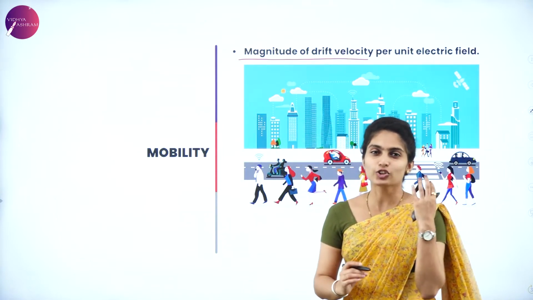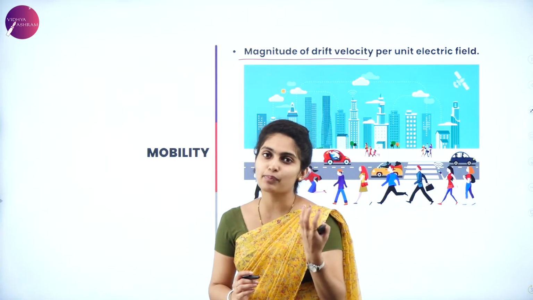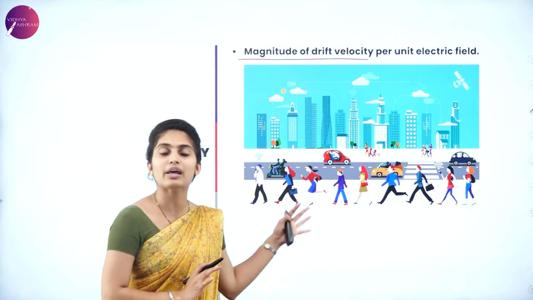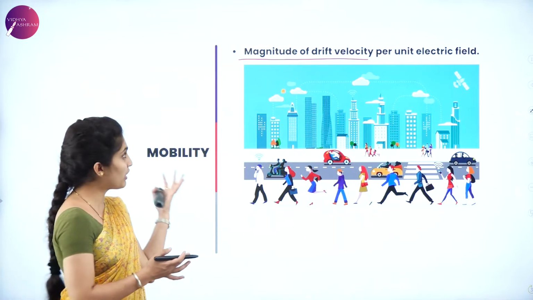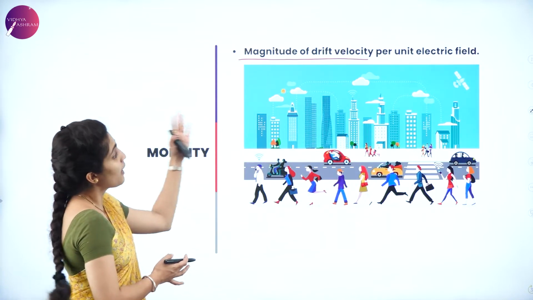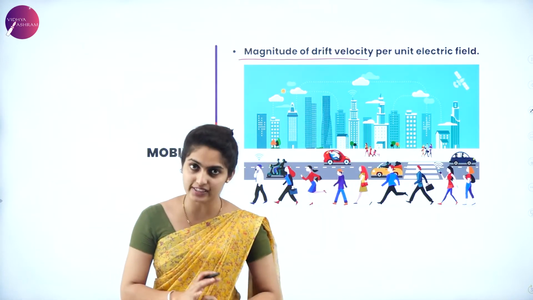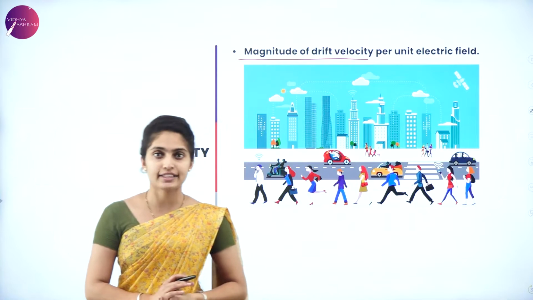That is why the magnitude of drift velocity of the electrons per unit electric field is said to be mobility. So these are 1 or 2 marks important questions for you. It comes for 1 mark, the definition: define mobility. Mobility is the magnitude of drift velocity per unit electric field. It is represented by this symbol, mu, equal to the magnitude of drift velocity per unit electric field.